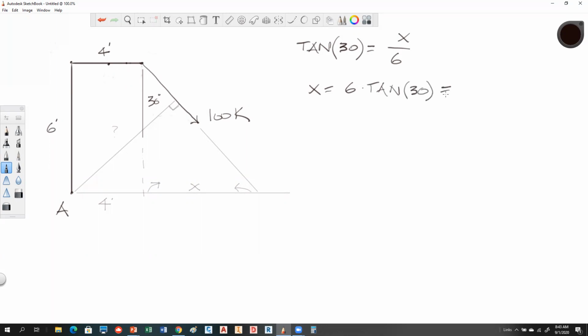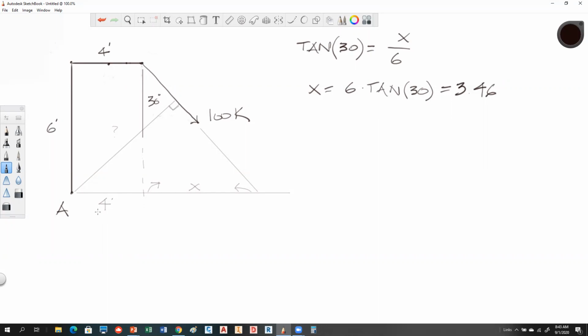Okay, so by doing that, we should come up with 3.46. You can check the math on that. Let me just check that real quick. 3.46.